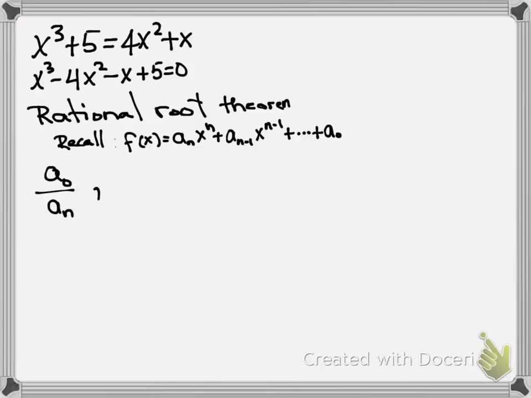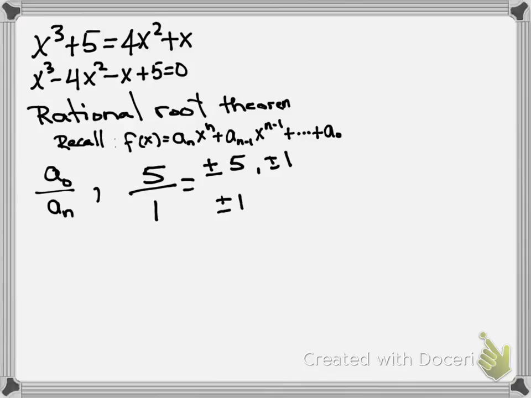As a result, we would have 5 over 1. So, what we want to do is find all the factors of 5. The factors of 5 are 5 and 1, and the factors of 1, of course, is 1.